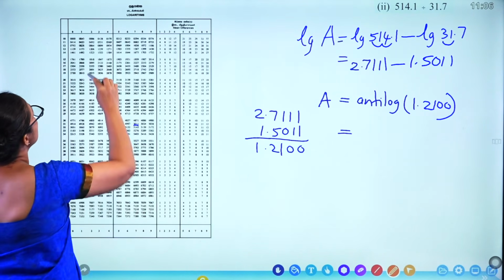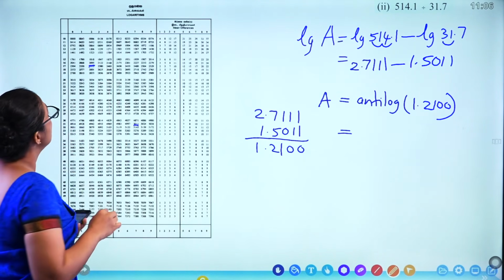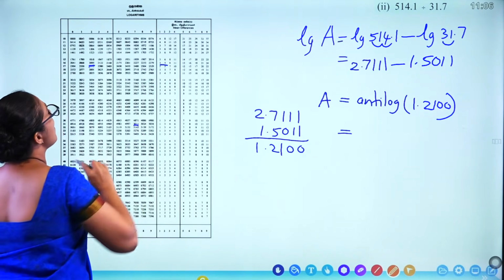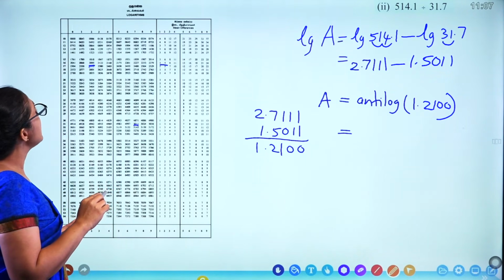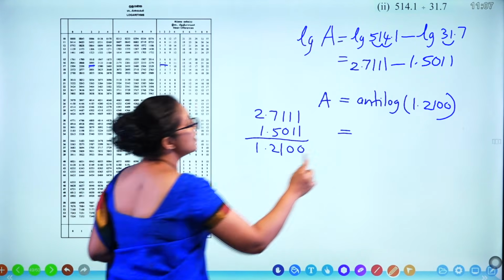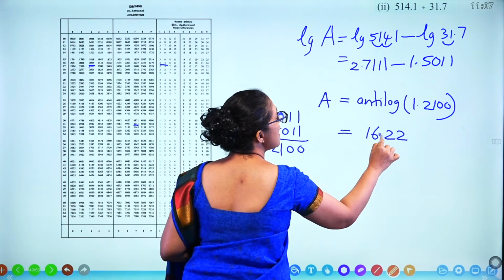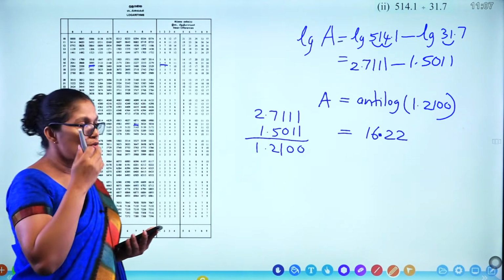Here 2095 is there. So you need another 5. Another 5 from here gives 16 2, and the characteristic is 1. So the answer is 16.22.